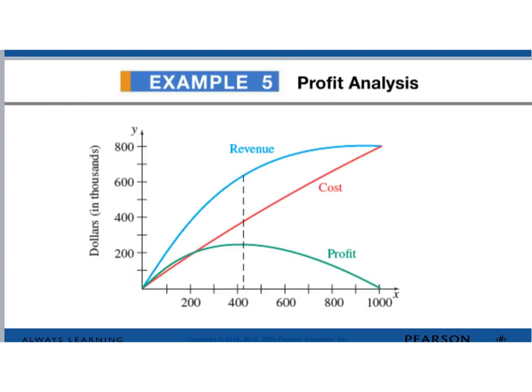And then to give you a graphical look at this, remember your cost is linear. So here your cost is constantly increasing. Your revenue is not linear, your revenue is quadratic. But what you're really wanting to look at is your profit, which is the difference between your revenue and your cost. And so here's that critical value.